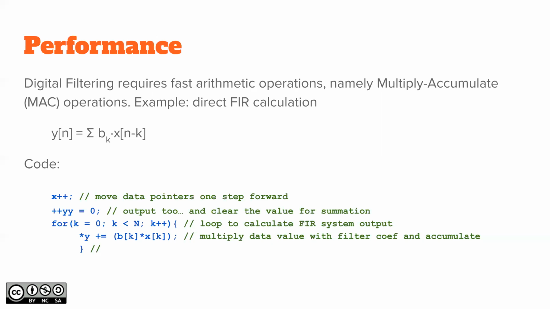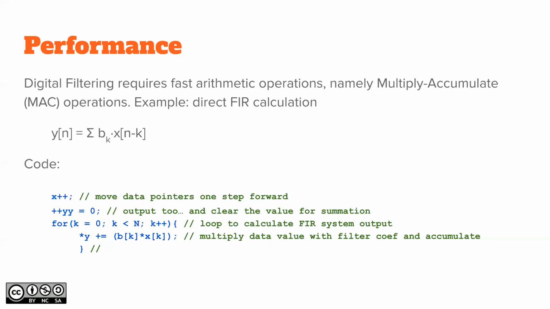You start with B0 times x of n, that's the initial value. Then you add B1 times x of n minus 1 on top of that, and so on. So the multiply accumulate operations are the key factor in these performance calculations.